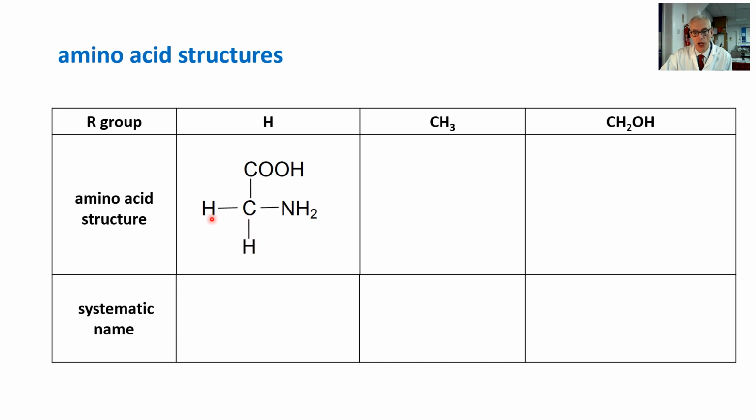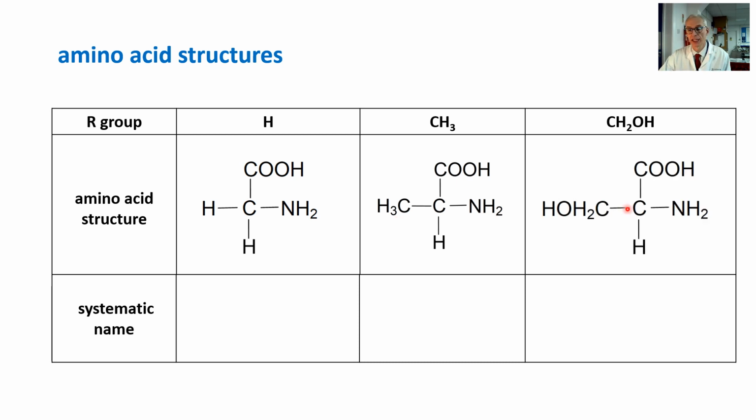And then the R group, I'm highlighting there, is hydrogen. So if we then replace hydrogen with CH3, we keep exactly the same structure for the amino acid, except we change hydrogen with a methyl group, and then exactly the same structure for the amino acid, but the R group is CH2OH.